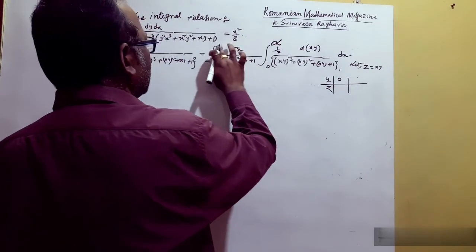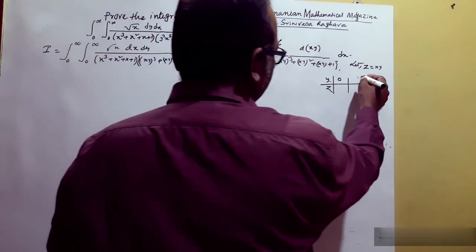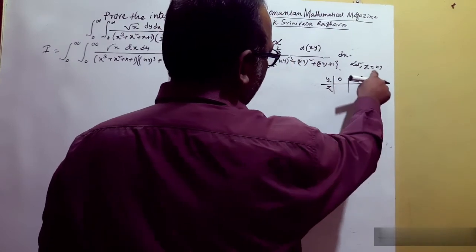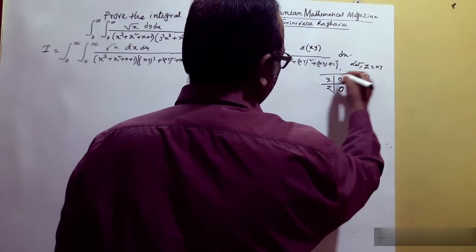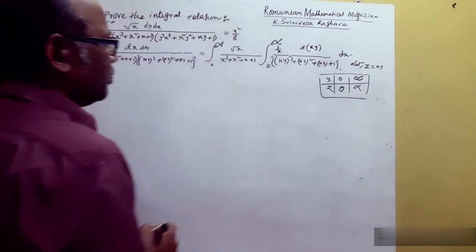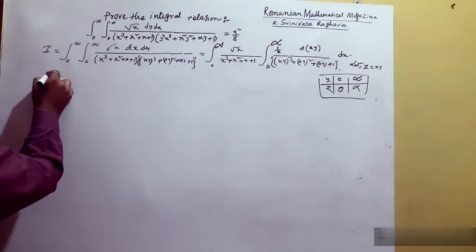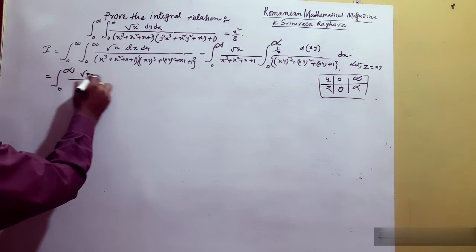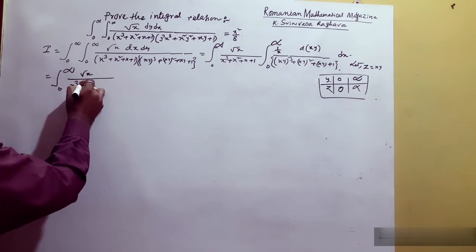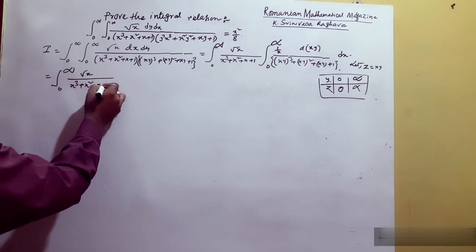I have wrongly written here, this is infinity. If we put here 0, then we get 0. Put here infinity, then we get infinity. So I can write here 0 to infinity root x by x cube, x square plus x plus 1.